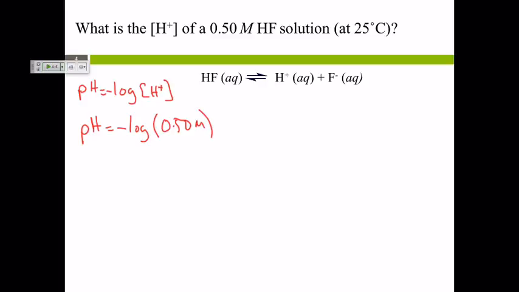Why is this totally wrong? Okay, so we generate both hydrogen and fluoride when it separates, but that's not exactly the point we're getting at.